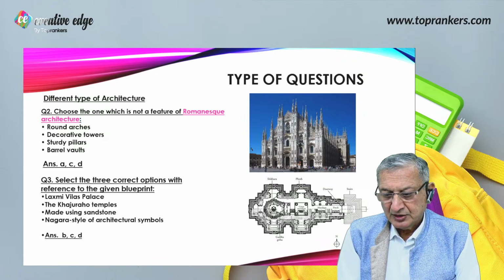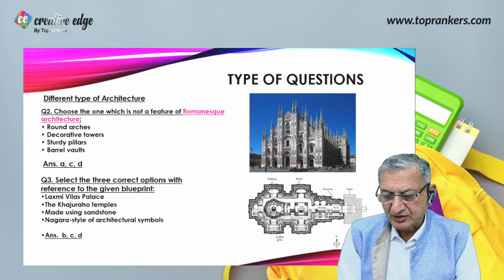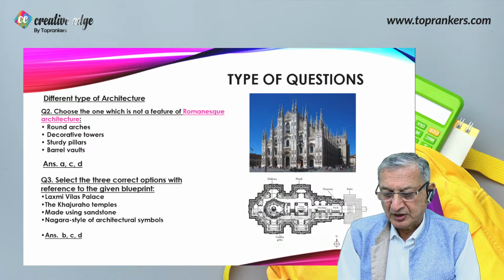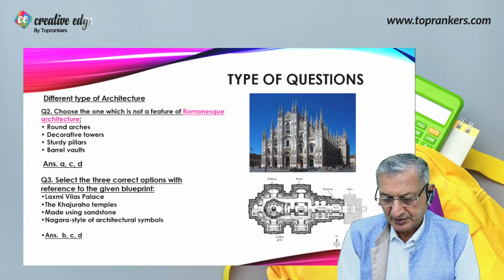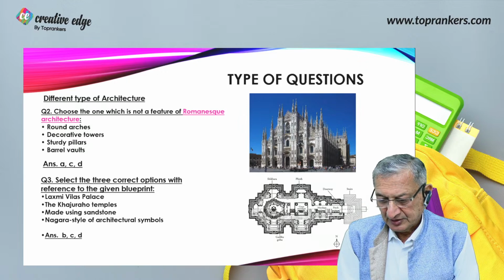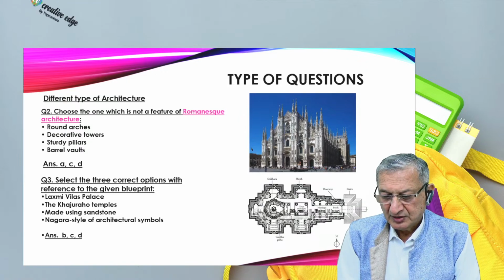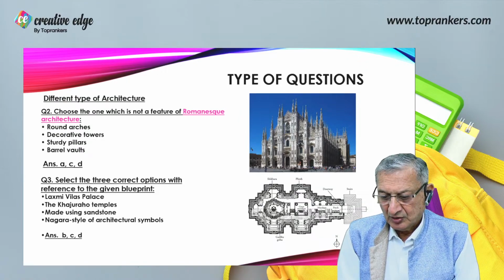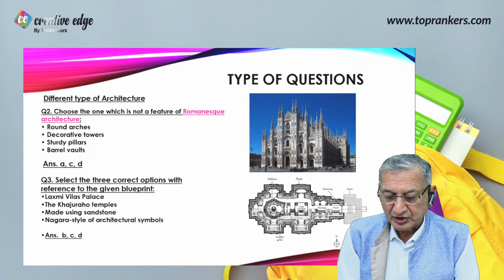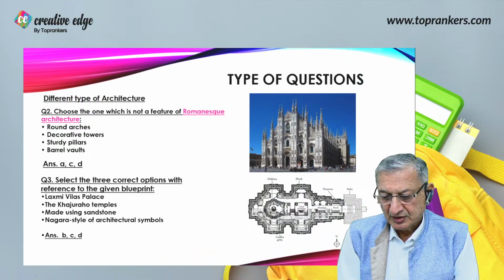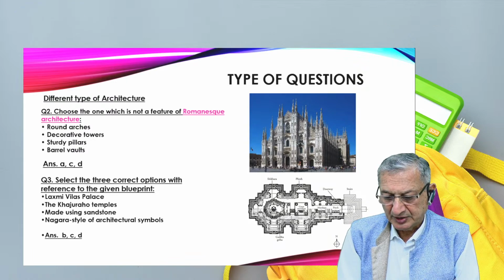Okay, friends. Third question, select 3 correct options with reference to the given blueprint. Firstly, the name: Lakshmi Vilas Palace, the Khajuraho temples, made using sandstone. So actually, there are 2 choices of the name, made using sandstone, and then there are 2 more choices, Nagara style of architecture symbols.